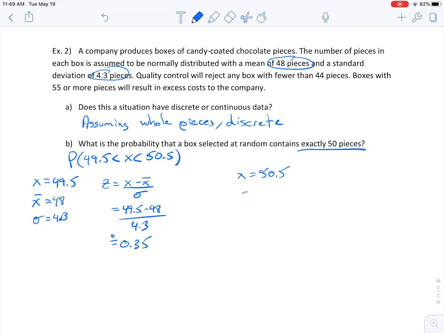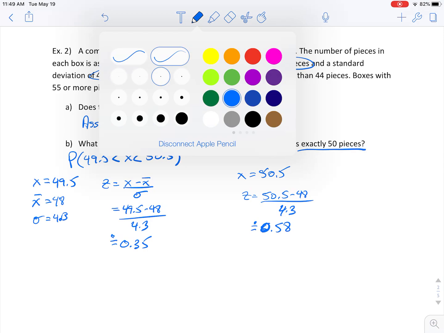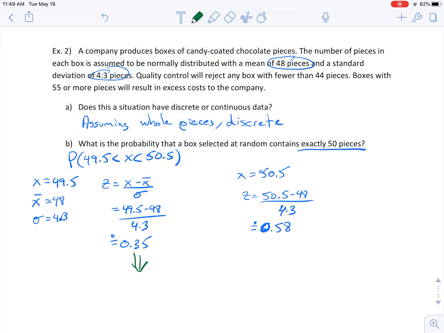And I do the same thing here with 50.5. And I get 0.58. So you go to your z-score table, you translate those over. That becomes 0.6368. This guy becomes 0.7190.